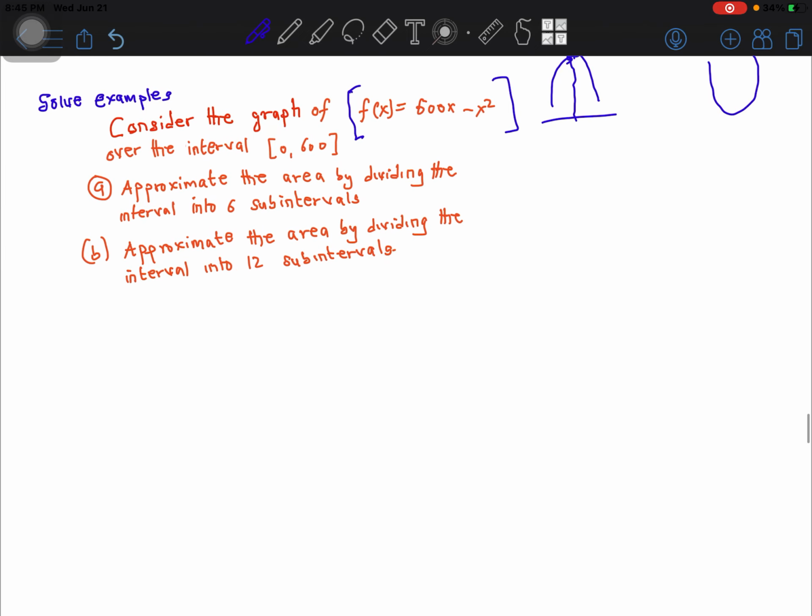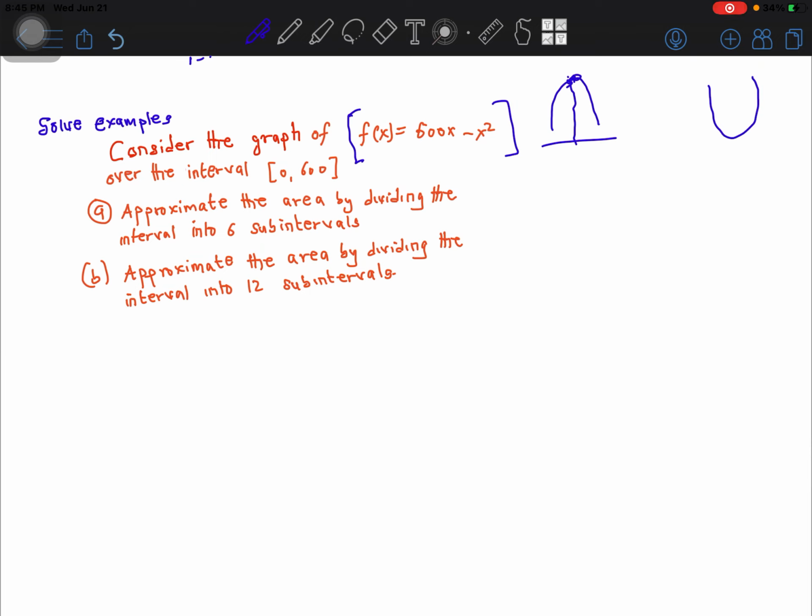The question was telling us that we should divide it into 6 for the first part. You can draw your graph here, but remember that it starts from 0. If it's starting from 0, that means the division will be up to 500.